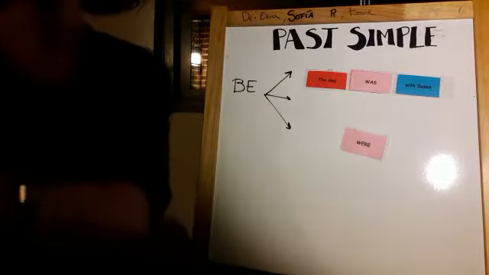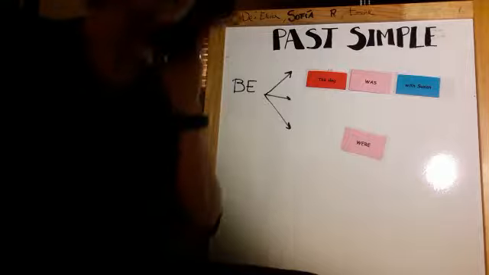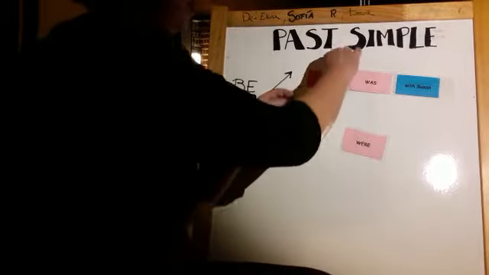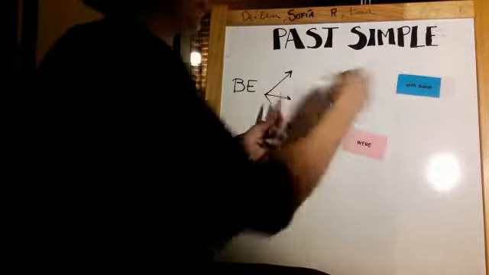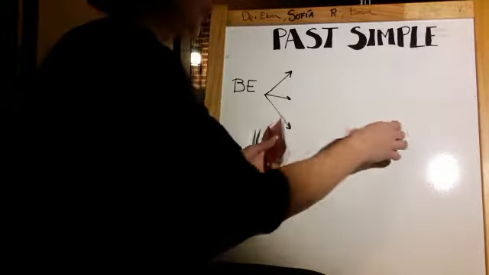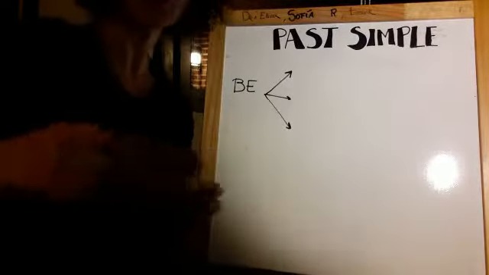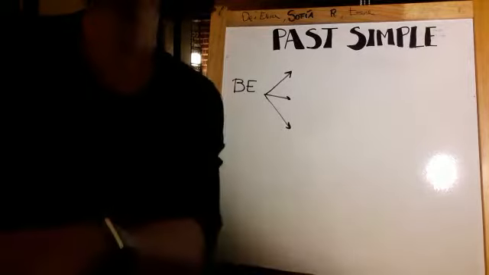And now let's transform all these sentences into negative. And for that, to be has a special condition, and you can form the negation simply adding not to the verb.